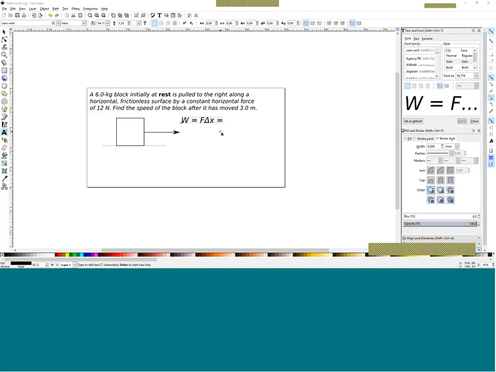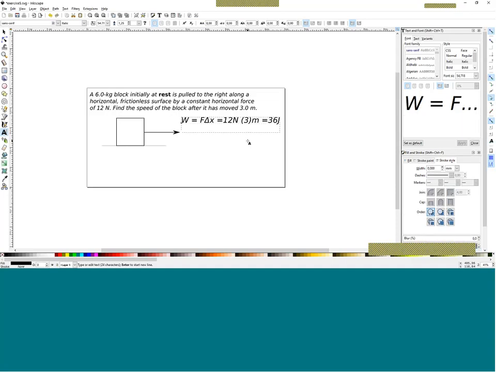In this case we're talking about distance from a zero point, so we can simply use x. So F, which is 12 newtons, times 3 minus 0, that's 3 meters, equals 36 joules.